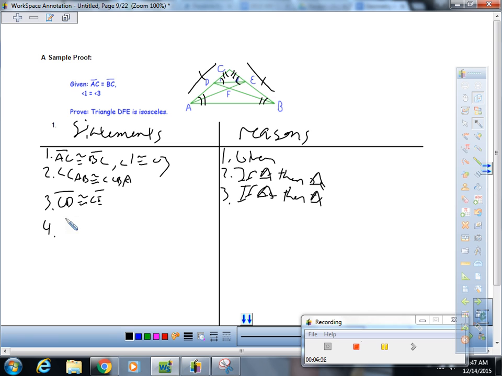Then from there, DA is congruent to EB, and then you can say that by segment subtraction. And then AB is congruent to AB by reflexive.